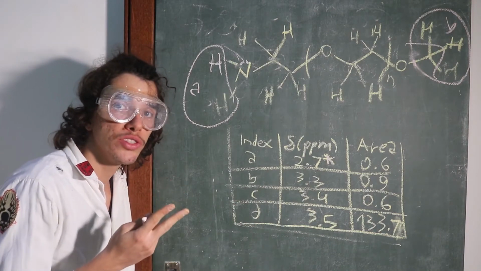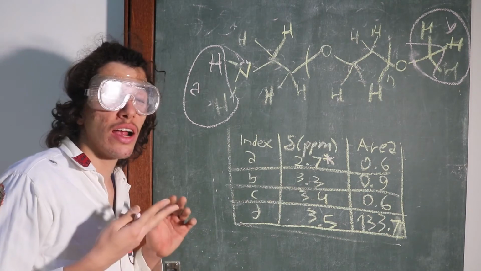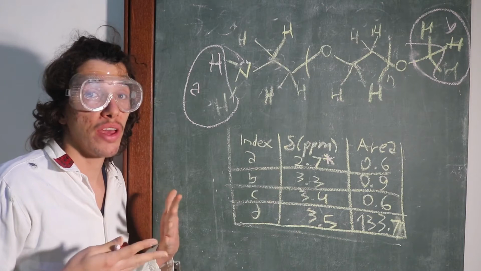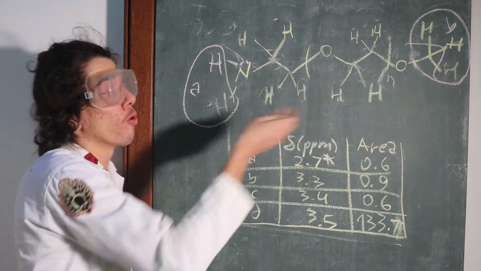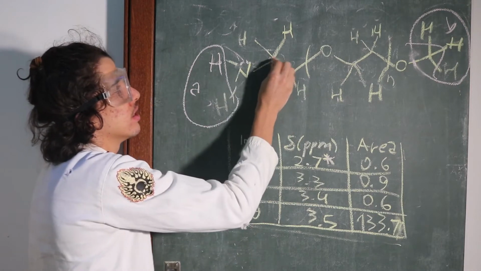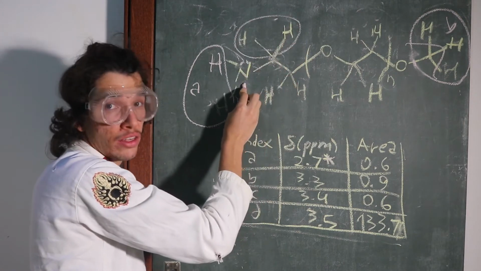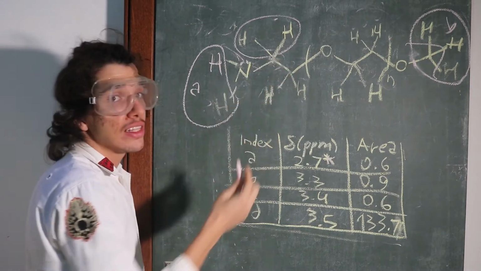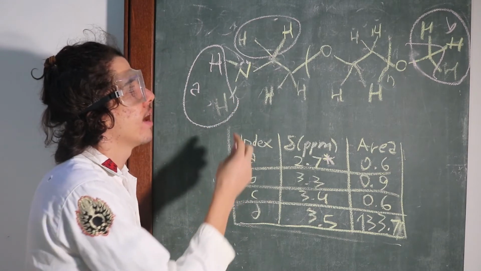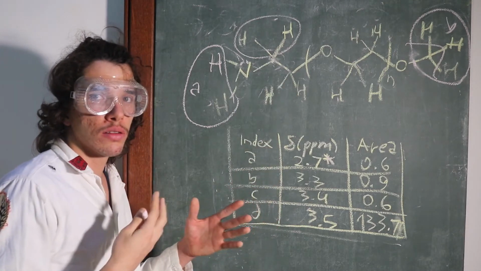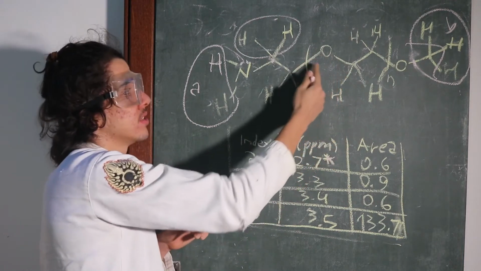0.6, so 2 hydrogens. And which ones are they? These 2 hydrogens have a chemical environment that is different from the others. The only place we can see on the molecule that shows that is these hydrogens that are bonded to a carbon that is bonded to a nitrogen, because the difference in electronegativity polarizes the bond differently than an oxygen bonded to a carbon.